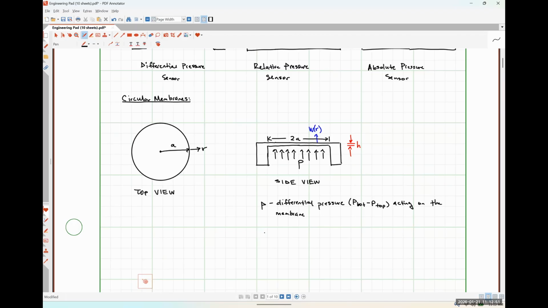A is, again, the radius of the membrane. H is the thickness of the membrane.